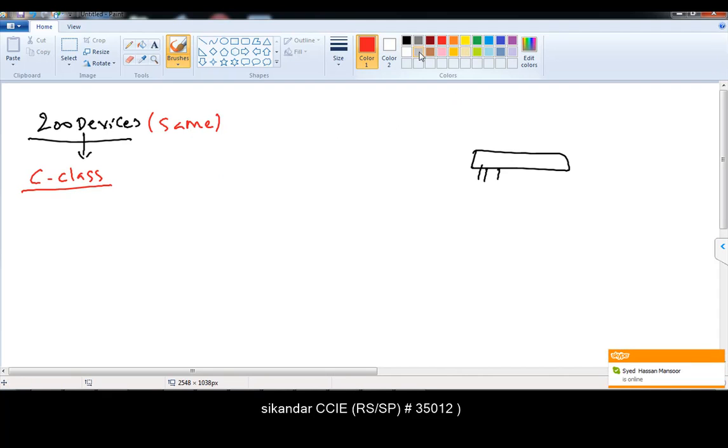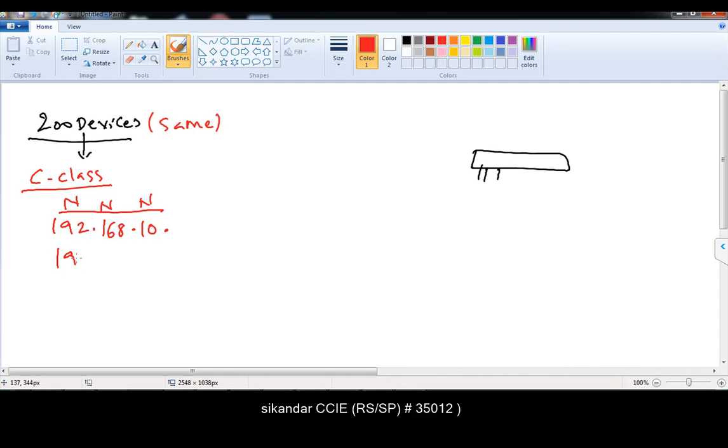So whenever you are deciding that devices should be in the same network, let's say I'm using the 192.168.10 network. We know that C class contains three network portions, and in order to be in the same network, the network portion has to be the same, mandatory, which means I have to make sure that this 192.168.10 remains the same till the end.